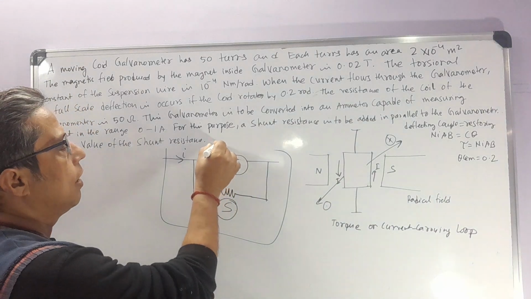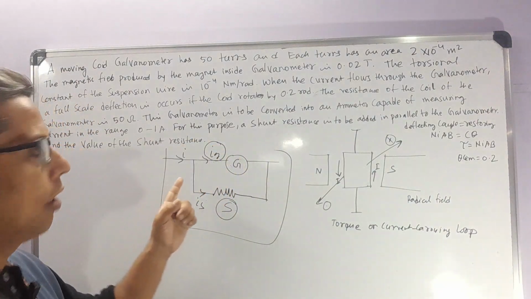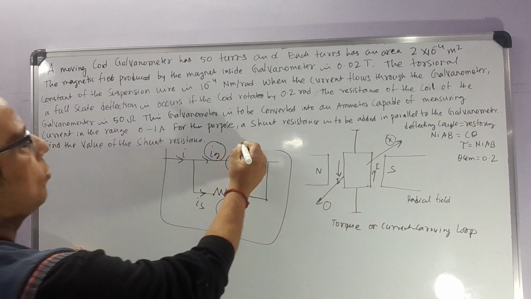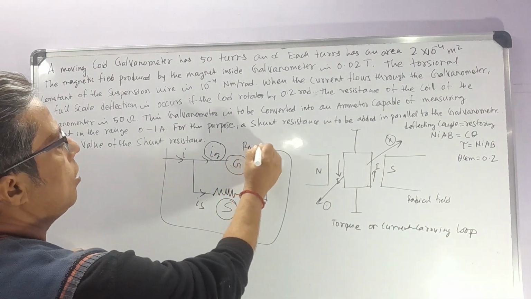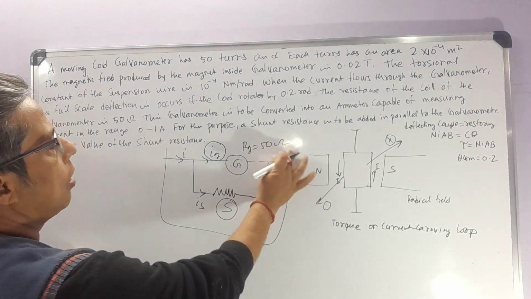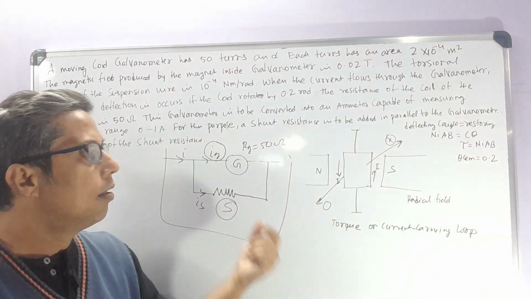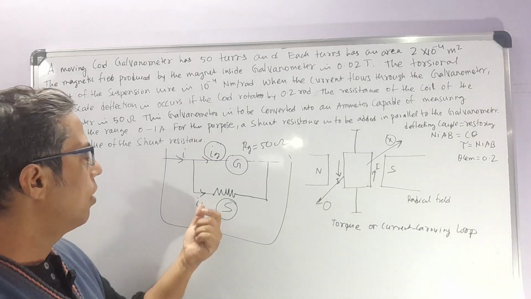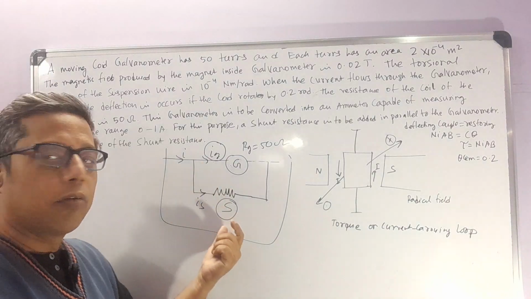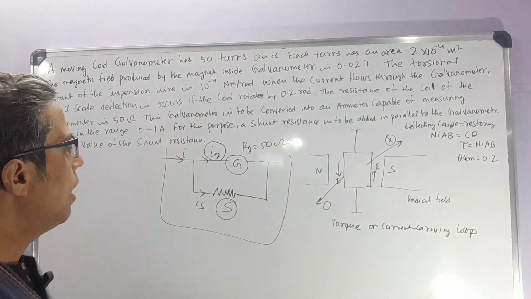From there we will get Ig, the current through the galvanometer, and Rg is given as 50 ohm for this galvanometer. So Ig we will get from the relations of the galvanometer, and from there we will get the resistance of the shunt.